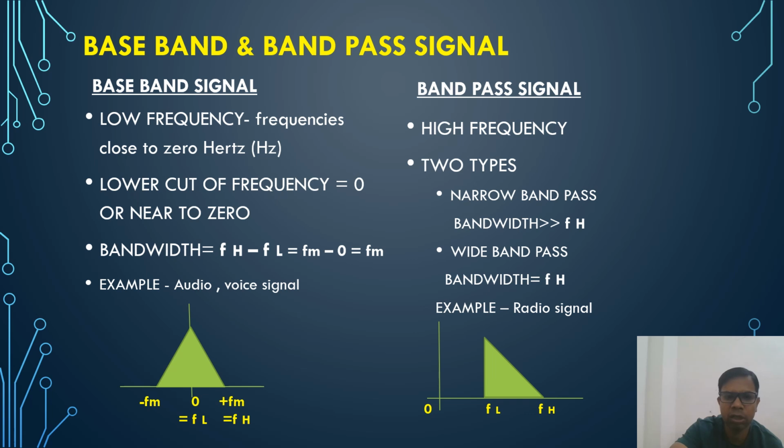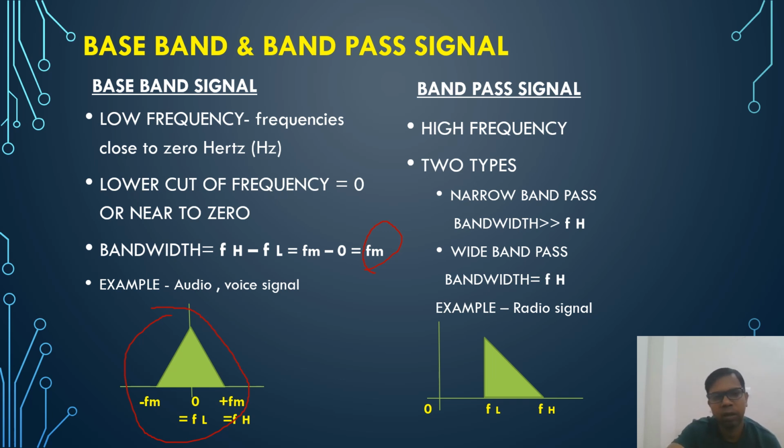As you can see in this diagram, the lower cutoff frequency is 0. It is denoted with FL, and the higher cutoff frequency is the modulating signal frequency. So when we calculate the bandwidth, the formula is higher cutoff frequency minus lower cutoff frequency, and it becomes FM, the modulating frequency.